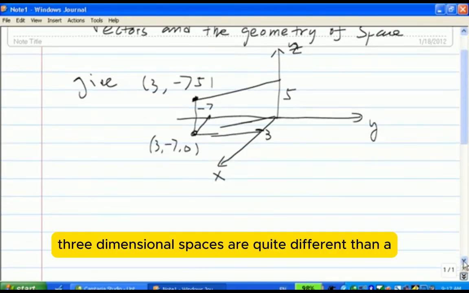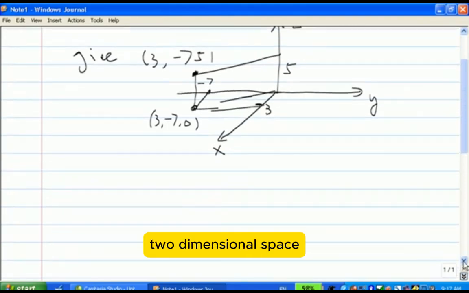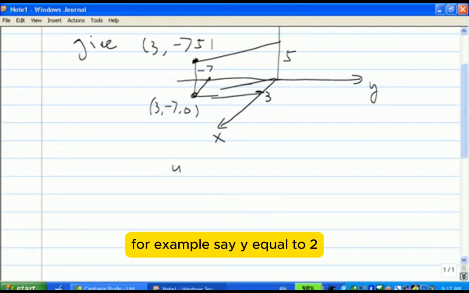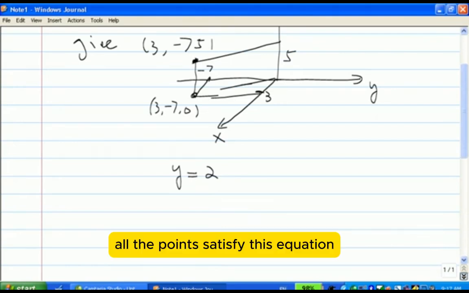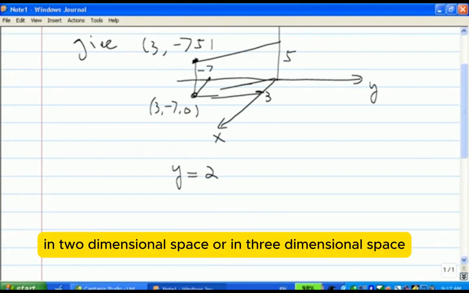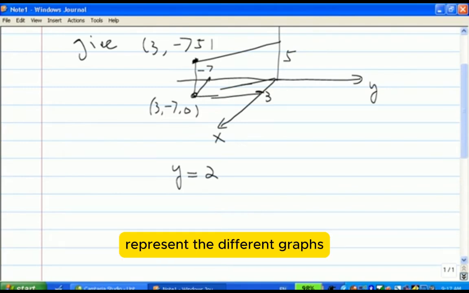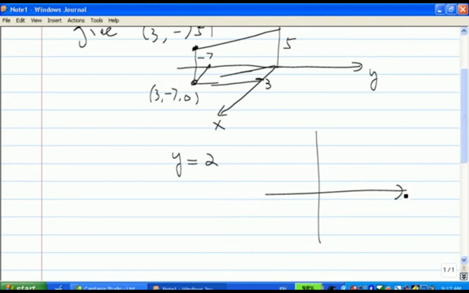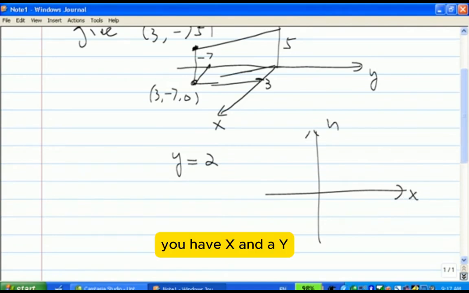Three-dimensional space is quite different from two-dimensional space. For example, say y equals 2. This is the equation. All the points satisfying this equation in two-dimensional space or in three-dimensional space represent different graphs. In two-dimensional space, you have x and y.